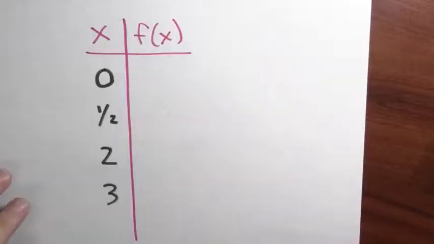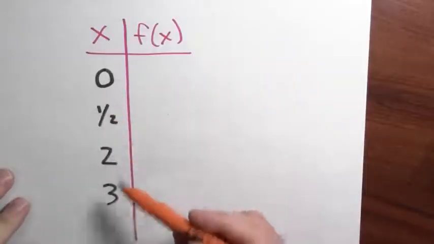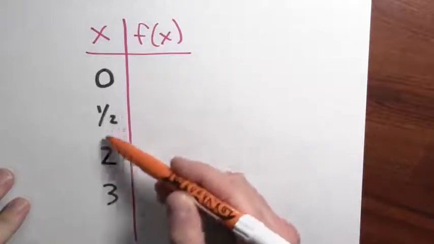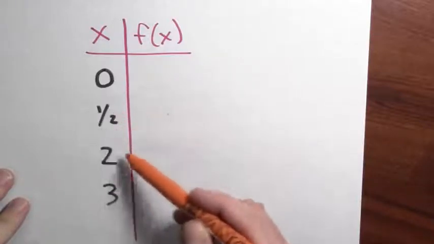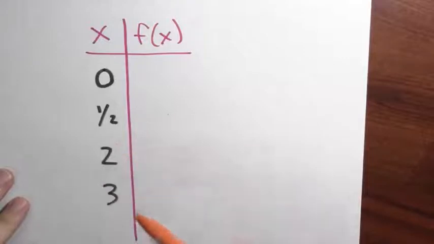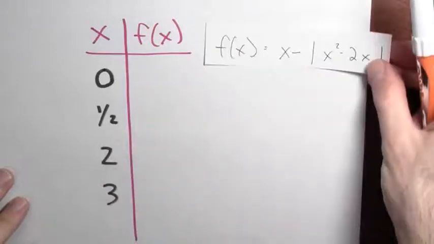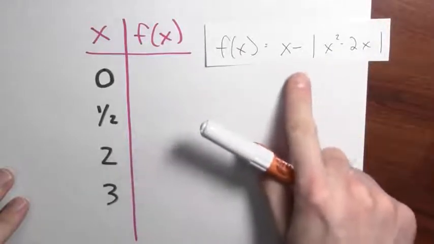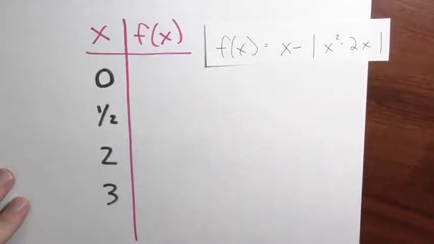So to finish off this problem, to find the minimum and maximum values of my function f, all I have to do is check the critical points and the endpoints. So here are our endpoints, 0 and 3, a place where the derivative vanishes when x is equal to a half, and a place where the derivative is not defined when x is equal to 2. Now remember, f of x is x minus the absolute value of x squared minus 2x.